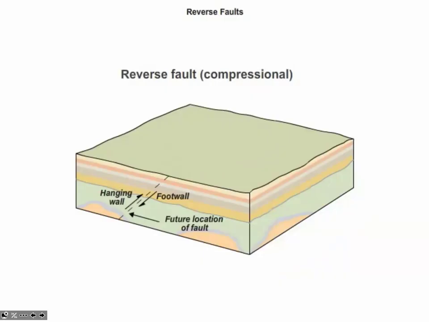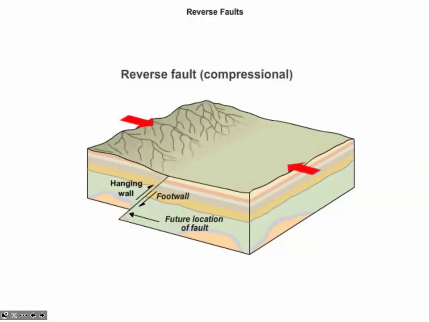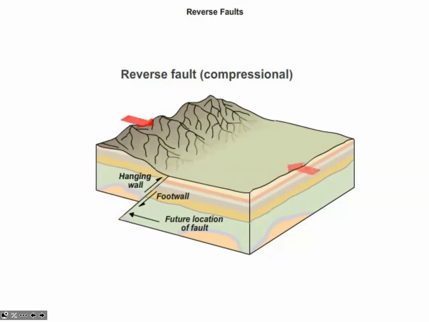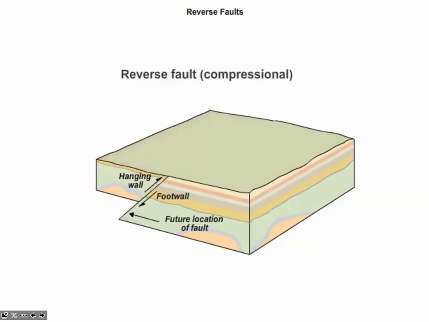Movement along a reverse fault is also predominantly vertical, although in a type of reverse fault known as an overthrust fault, the upthrown block overrides the downthrown block at a very low angle. As the landscape is compressed, one side of the fault is pushed up over the other side. Once faulting ends, erosion gradually wears down the uplifted mountain.